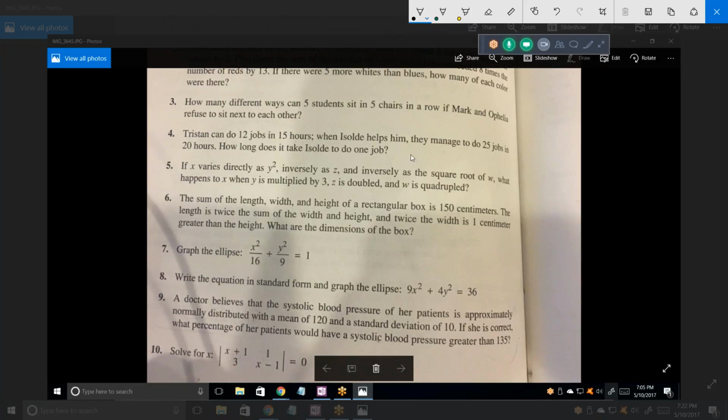Those used to give me horrible problems. They're called work problems, not word problems, but work problems. Exactly. They have a formula, which is 1 over one person's time plus 1 over a different person's time equals 1 over the total time.